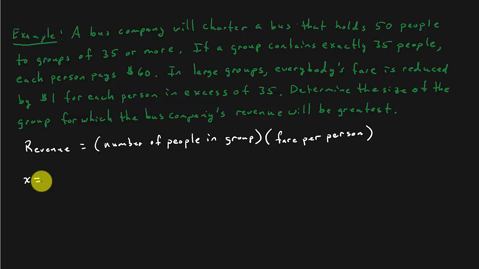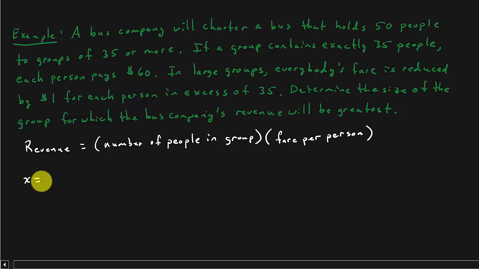we know there's 35 people. That's $60 per person. But for each person you add, you subtract $1 for each person.